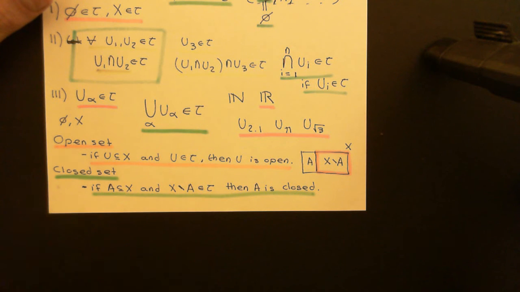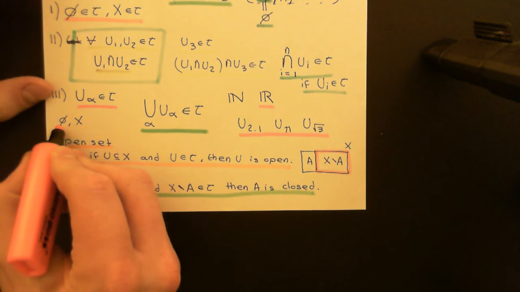And in addition, if you do the same thing with the entire set capital X, okay, so if you let A now equal the entire set capital X, again that's a subset of capital X, and if you take the complement of X in X, then you remove absolutely all elements of capital X, and you're left with the empty set, and the empty set is an open set, it's an element of your topology, and therefore the entire set satisfies the definition of a closed set as well.